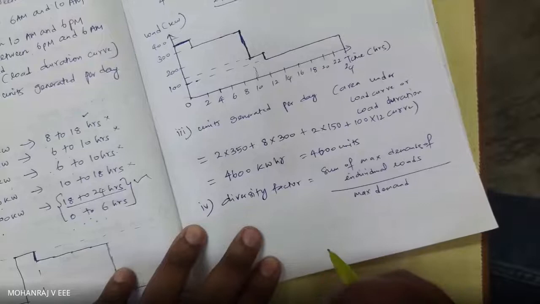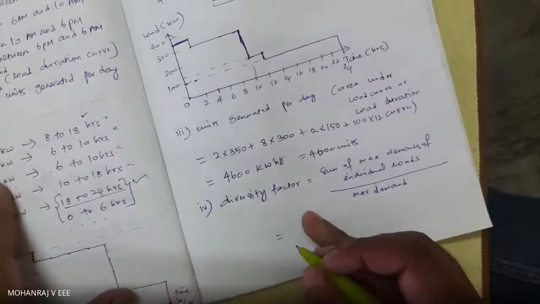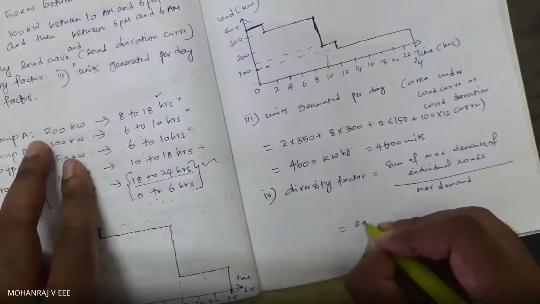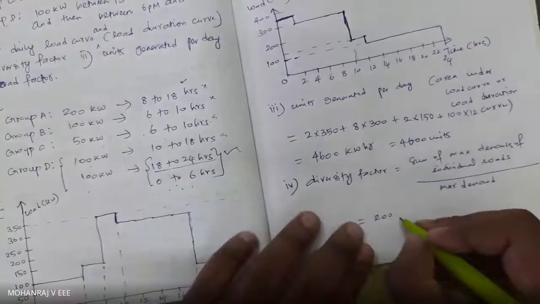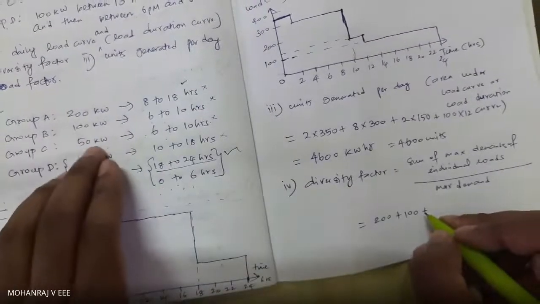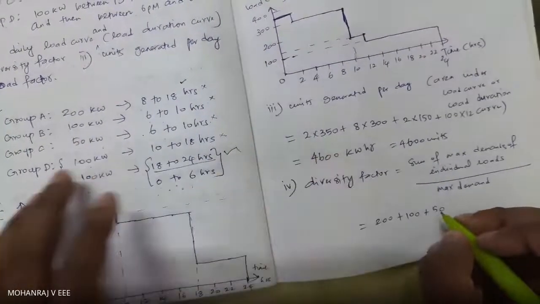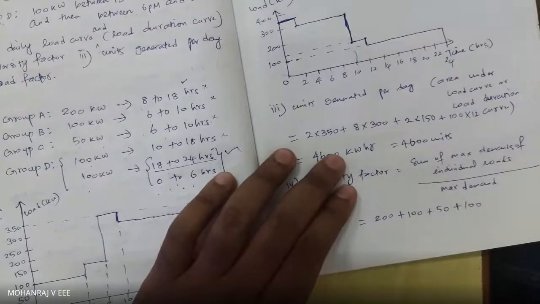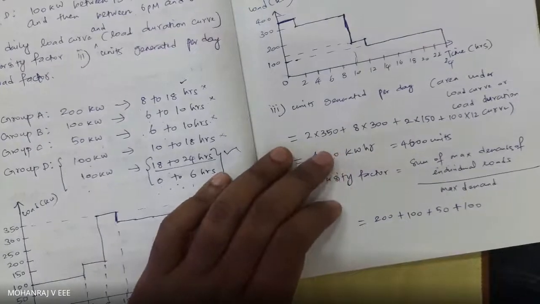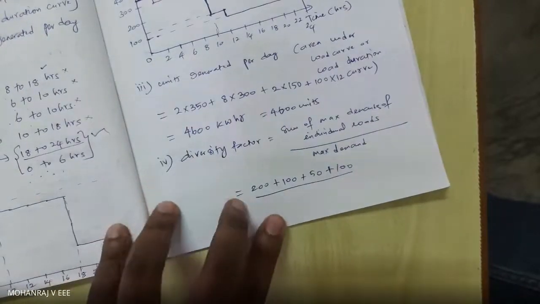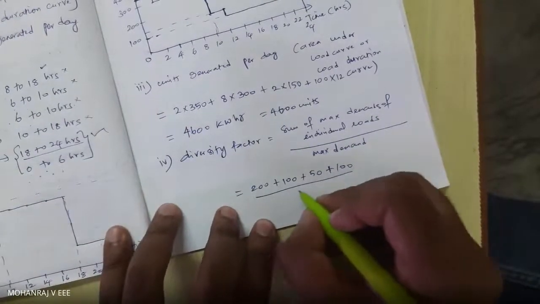The maximum demands of individual loads are: for group A it is 200, for group B it is 100, for group C it is 50, and for group D it is 100, divided by the maximum demand of the whole power system, that is 350.